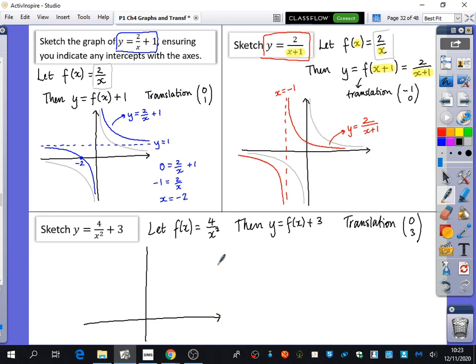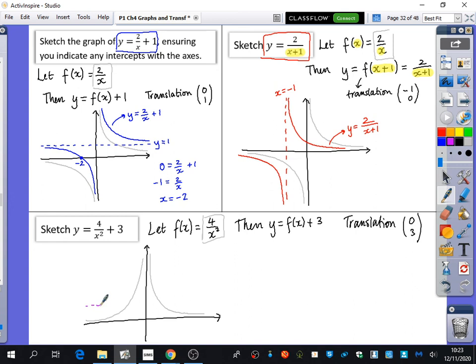So I'm going to start off by doing my graph. What does the 4 over x squared graph look like? Yep, like the praying hands, like the 2 bits that look like this. So it looks like this, and it looks like this. There's an asymptote along here, isn't there? So I'm now going to add 3 to it, and I'll do this one in a purple colour.